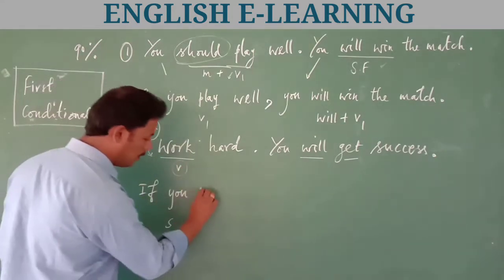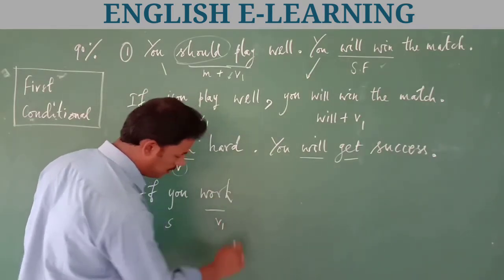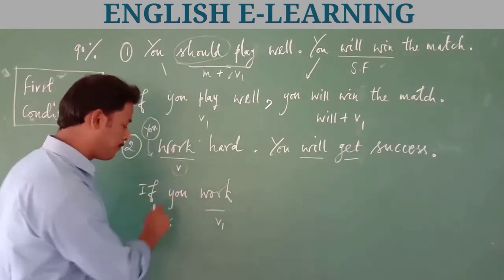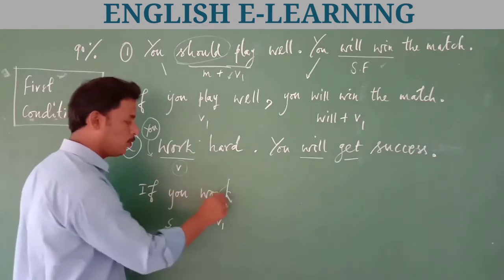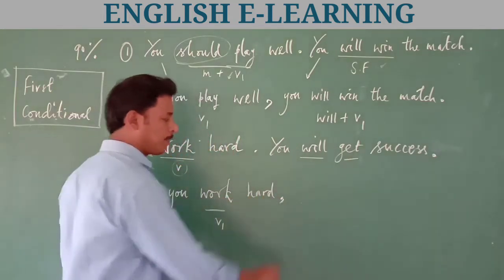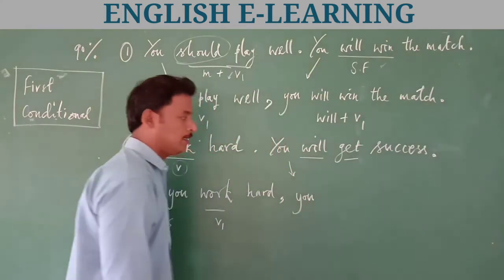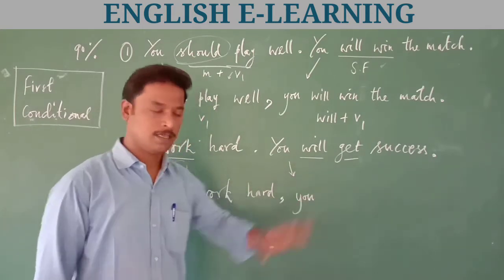If you work, because the verb should be in present simple in the condition, that is, it is in the subordinate clause. If you work hard, comma, bring the same subject here, you, and the result should be in simple future, will plus verb 1.